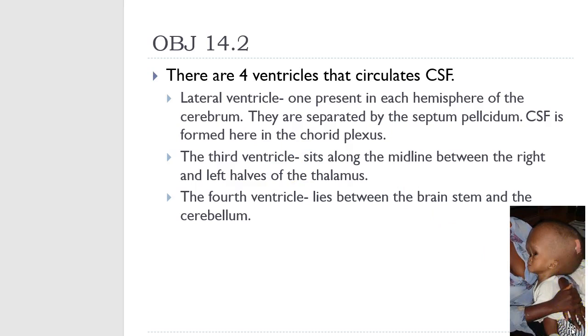Now, the reason that the baby's head is able to expand like that is because the bones there have not fused, so there are still soft spots, or what we call fontanelles. And because of that, they're able to stretch because they're made of cartilage.